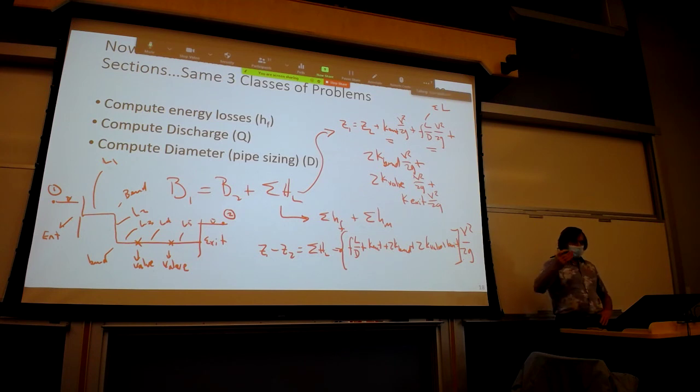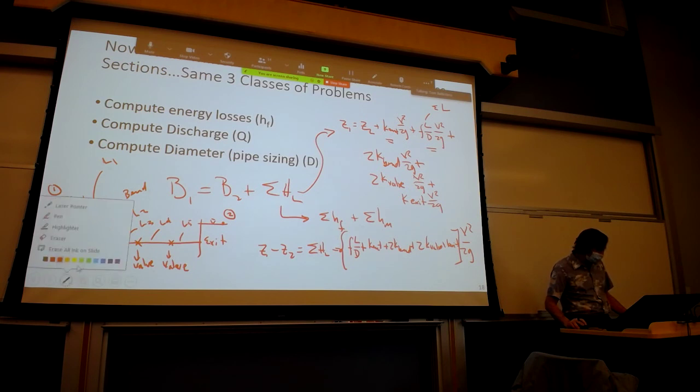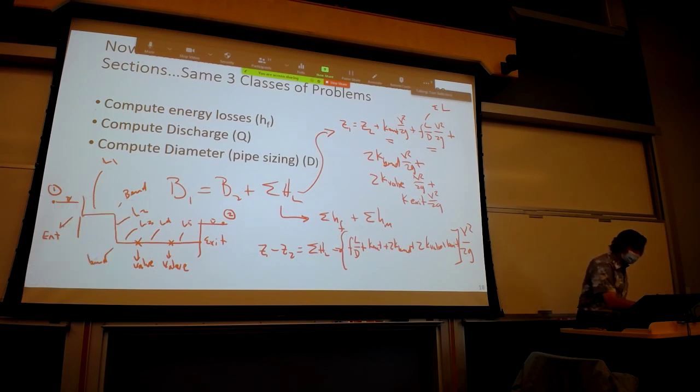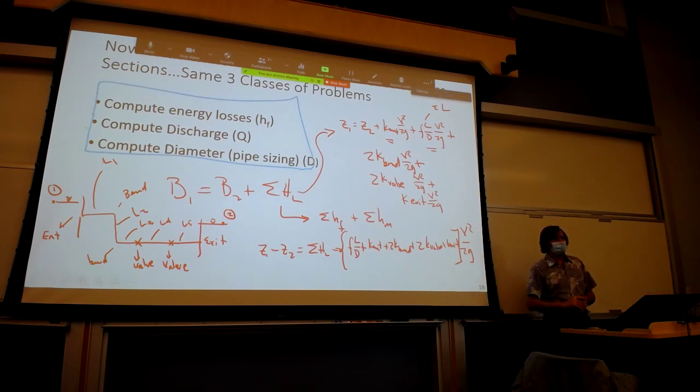So again, you would knock out everything on the right-hand side, but this fundamental equation would be used for any of the three classes of problems on this slide. That's your starting point. They all start with an energy balance.